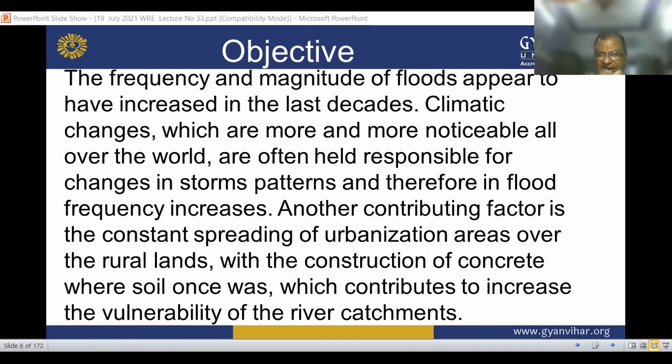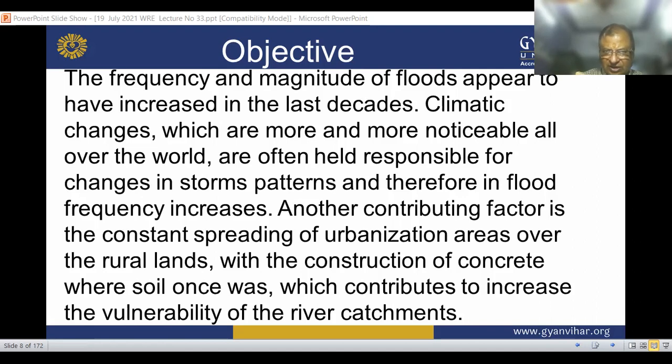The frequency, height, and magnitude of floods appear to have increased in the last decade. Climate change, which is more and more political all over the world, is often held responsible for changes in storm patterns and therefore the increase in flood frequency.